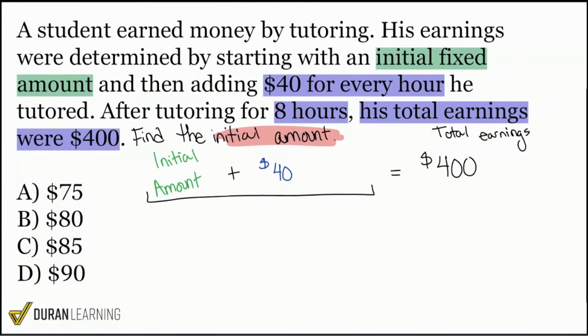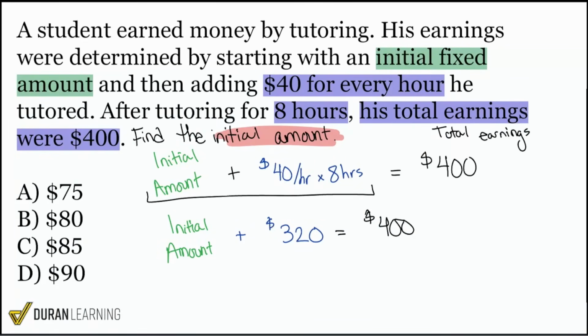So that'll be 40 per hour multiplied by 8 hours. What's 40 multiplied by 8? Yeah, that's 320. So what we're putting together here is that the initial amount plus $320 is what gets our student tutor to $400.